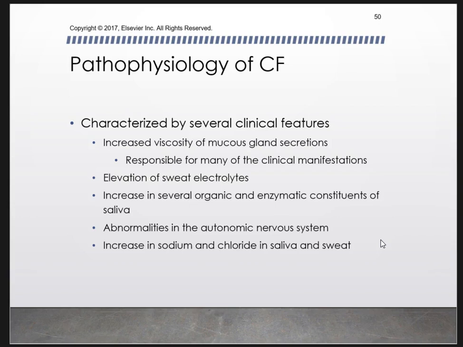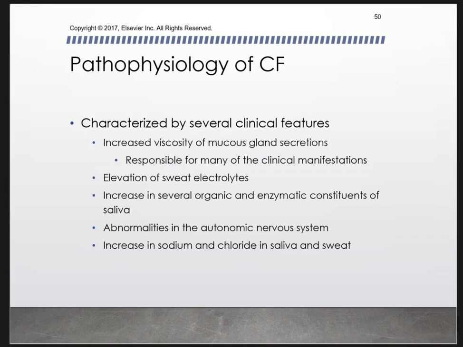Elevation of sweat electrolytes, absolutely, that's important here. One of the diagnostic procedures is a sweat test for kiddos with this. There's some changes in their saliva. Their autonomic nervous system is going to have some dysfunction and some changes compared to people without it.